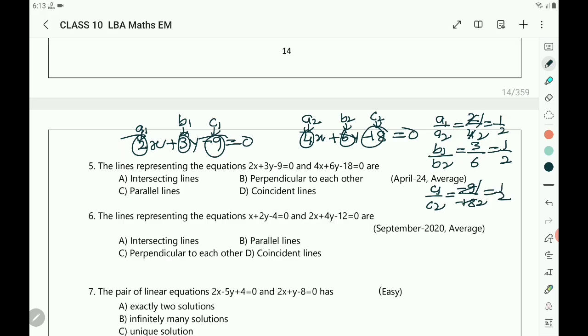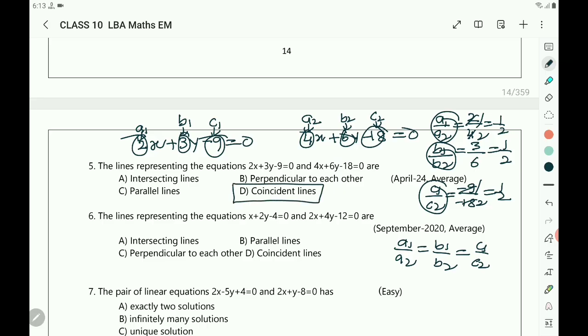Here you got a1/a2 = b1/b2 = c1/c2. So the lines have infinitely many solutions and they are coincident lines. If a1/a2 = b1/b2 = c1/c2, the lines are coincident lines.